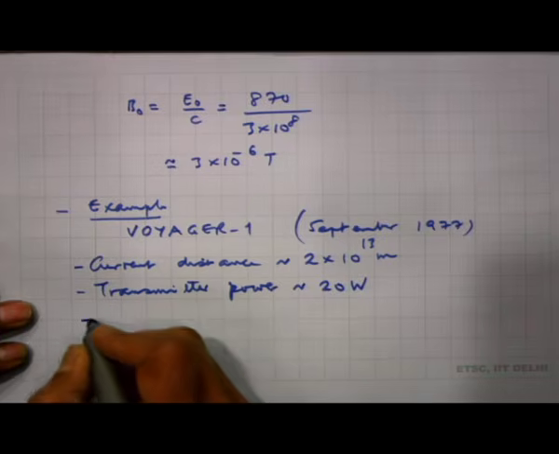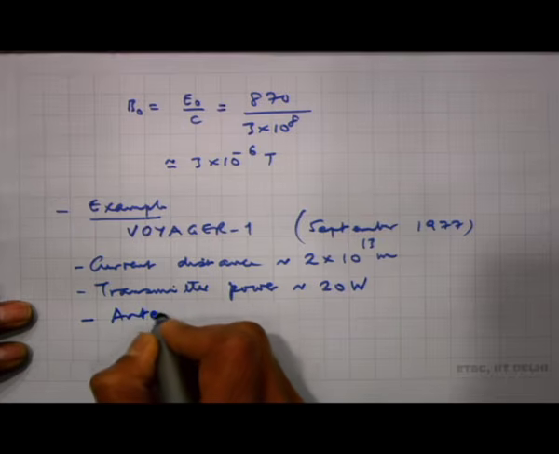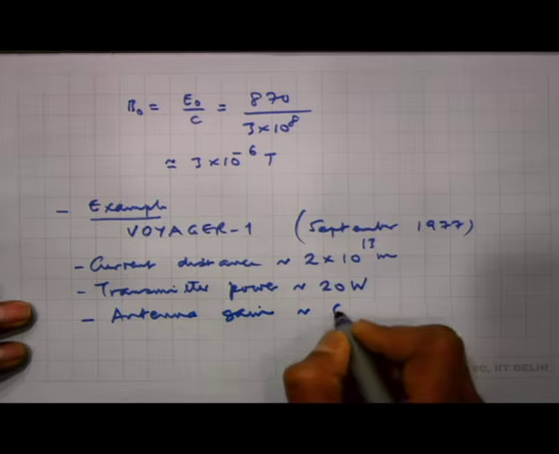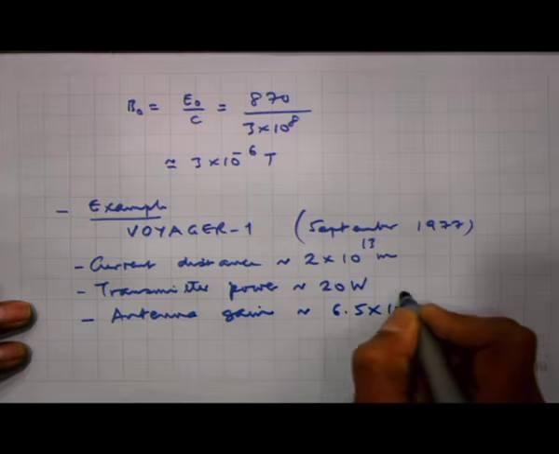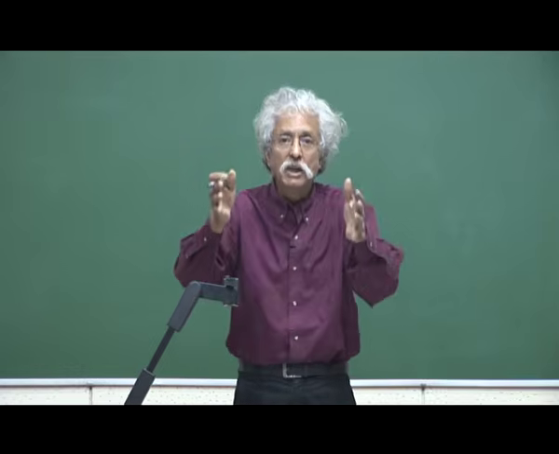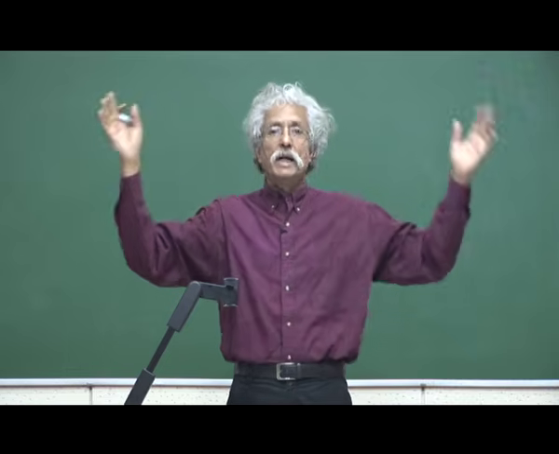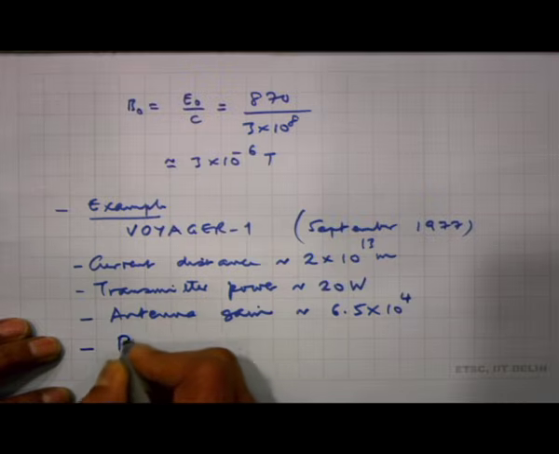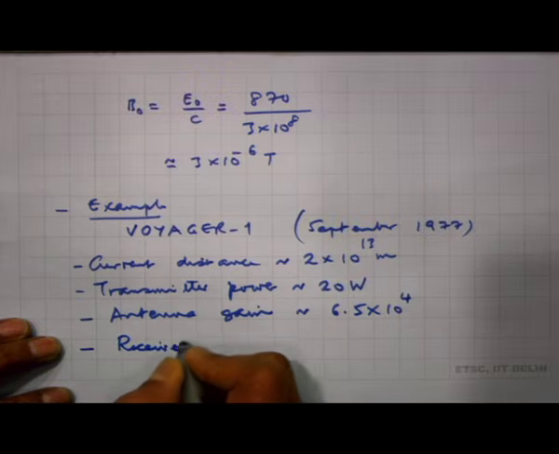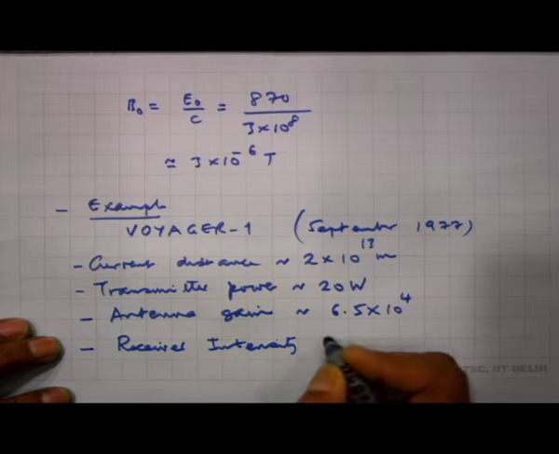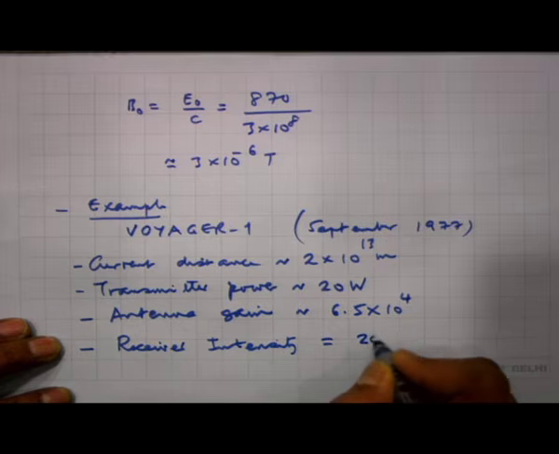And so, we define what is called the antenna gain, which is approximately 6.5 into 10 to the power 4, which essentially gives me how much increased intensity I get because I am now directing the electromagnetic waves in one particular direction and not radiating in all directions. I can then calculate the received intensity, which is equal to 20 watts, the power emitted.